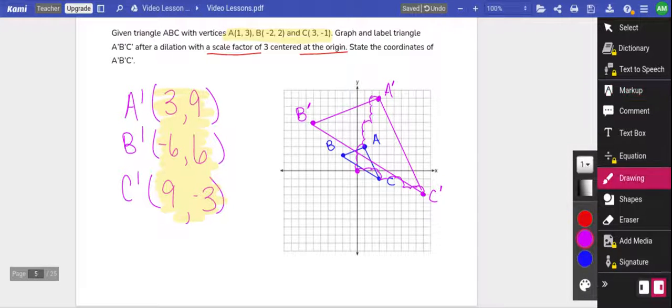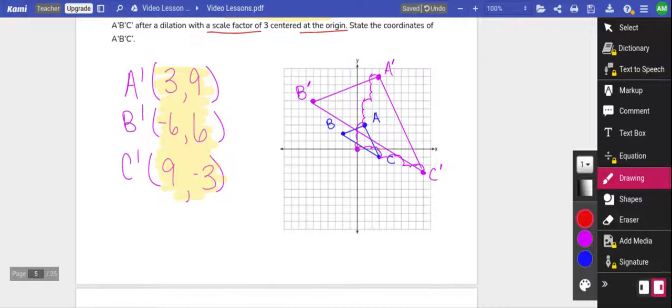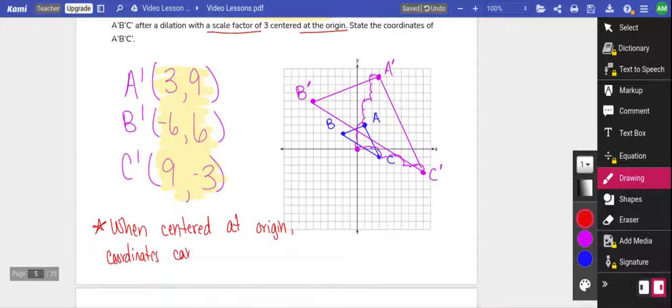Because this is centered at the origin, all of my points were multiplied by the scale factor. So when centered at the origin, your coordinates can be multiplied by the scale factor.